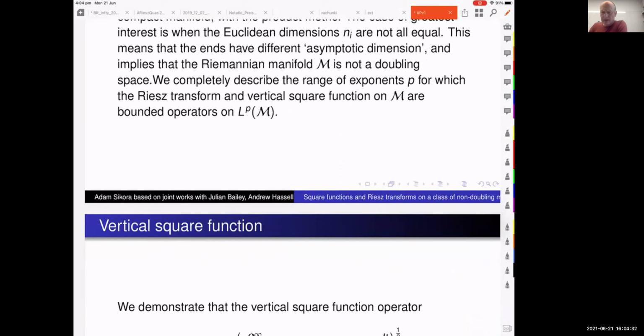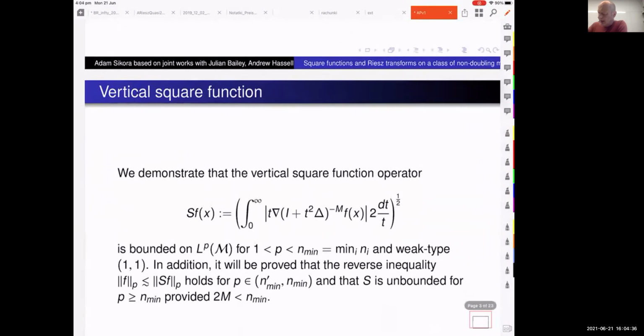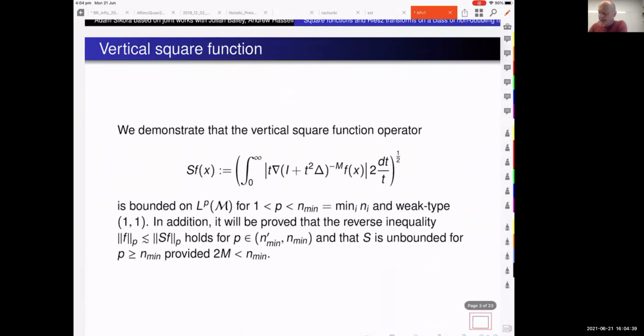Before I start explaining myself and building some intuition, I want to say a few words of technical introduction. First of all, I want to define the vertical square functions. Here I'm taking the Laplace-Beltrami operator acting on my manifolds, or, if you wish, you can think at the beginning that your manifold is just Rn.